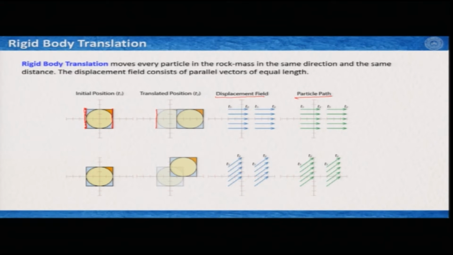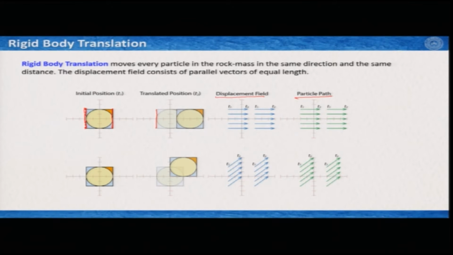As for the definition of the displacement vector or displacement field, if I connect the initial point and end point through a line and add a vector, it is the displacement field. And particle path, again from the definition, is the path it followed from T1 to T2.